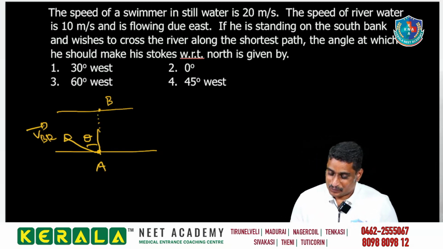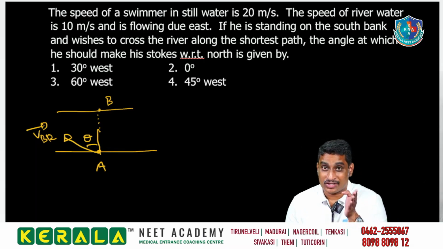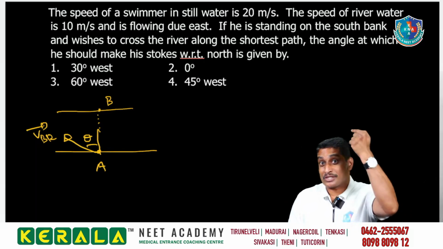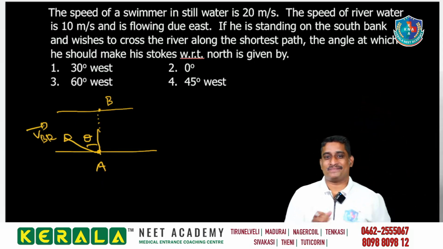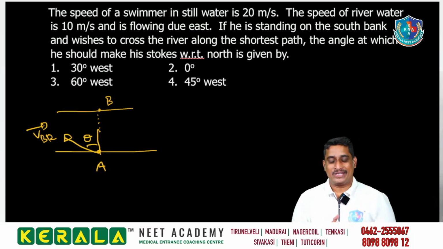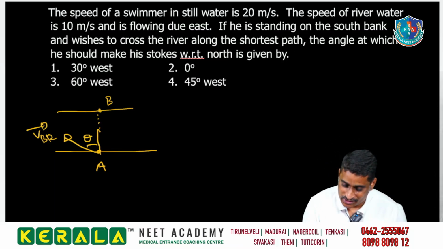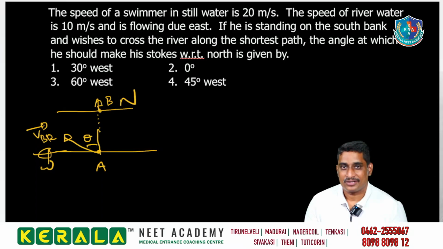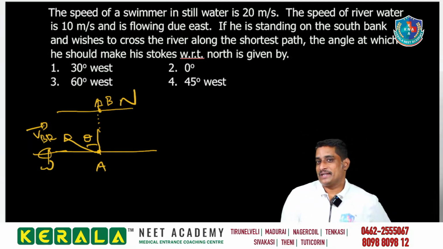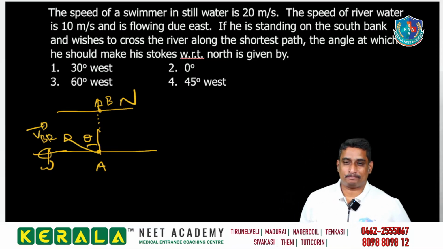They are asking the angle at which he should make his strokes with respect to north. That means west of north angle they are asking us to find out. See, already I told you this is the north direction, this is the west direction. West of north means actually the angle I have defined in the diagram, the required angle, theta. That theta they are asking us to find out.